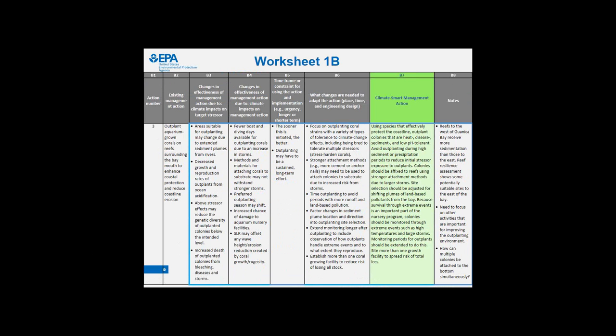We're going to work our way through the columns over to the bright green one, which is a modified version, which should be more climate smart. So looking at column B3, changes in effectiveness of management action due to climate impacts on the target stressor. The first bullet here: areas that are suitable for outplanting may change due to extended sediment plumes from rivers.